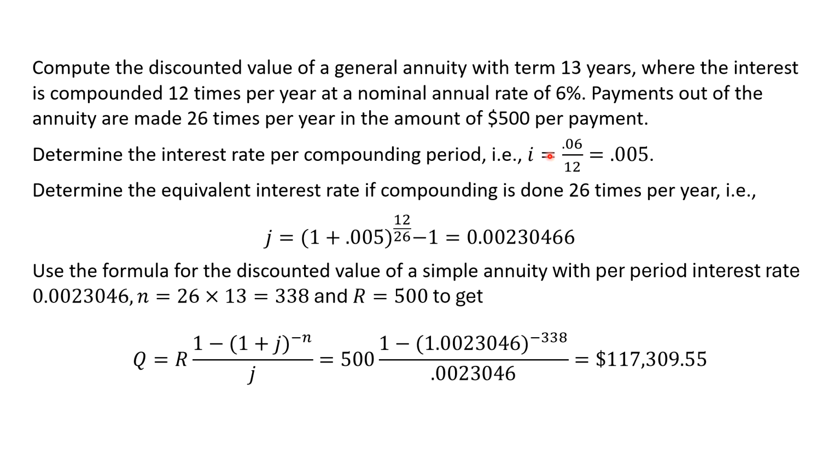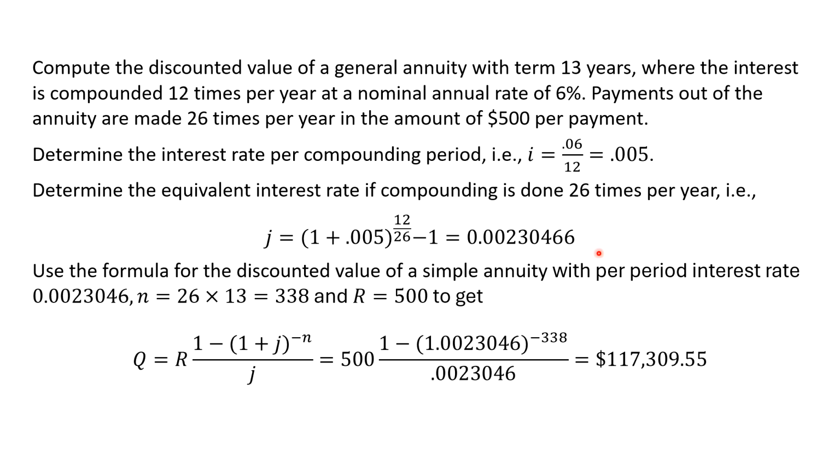So we first compute I based on the 12 times per year, and it's 0.005. We want to know what's the equivalent interest rate if we do the compounding 26 times a year instead of 12. So we have our formula from the previous slide, and we get this number here.